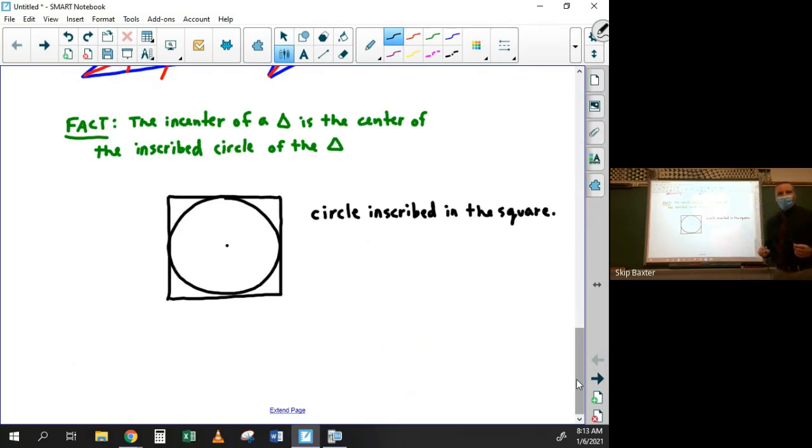Or I could say this is a square that's circumscribed around a circle. It's the same relationship, just written a different way. Okay? I could say that the square is circumscribed around the circle.